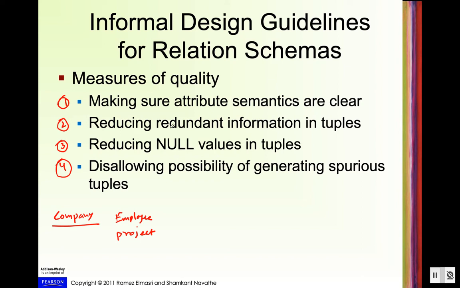The second informal guideline is that we want to reduce the redundant information in tuples. Reducing redundant information is very important. First of all, it will reduce the wastage of space. And also, if we store the same information in multiple places, that can create anomalies.